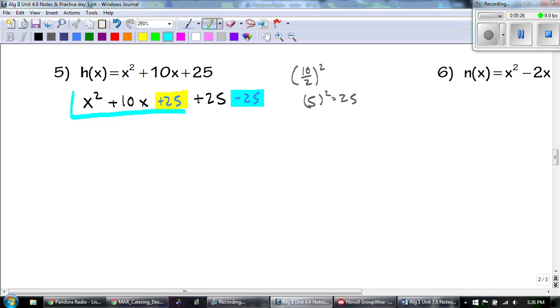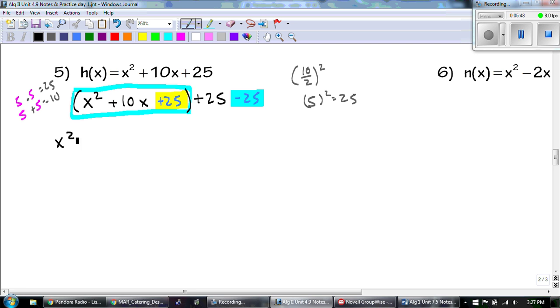Okay, and then we have to break this down. Okay, that's what's in our parentheses. So numbers that multiply to 25 and add to get to, sorry, not 5, but 10, are 5 and 5.